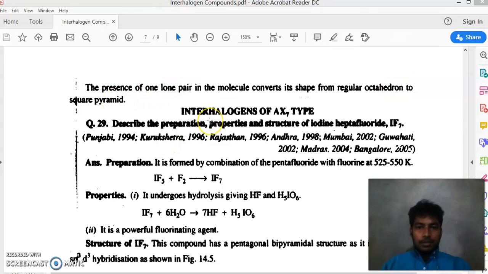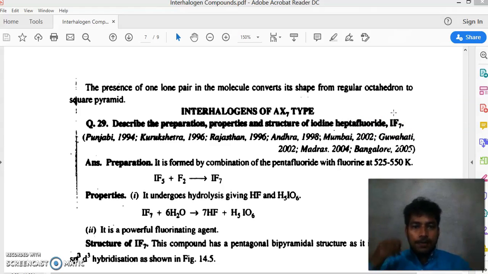Next I will discuss the interhalogen compounds of the type AX7. As I already mentioned, iodine heptafluoride belongs to the AX7 type of interhalogen compounds.